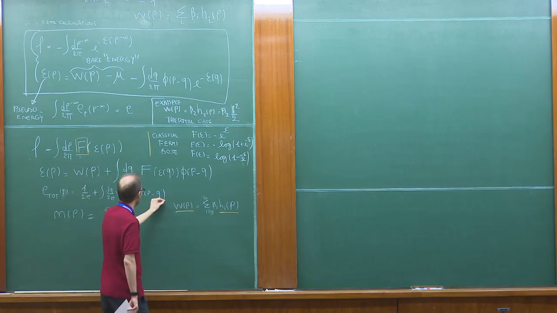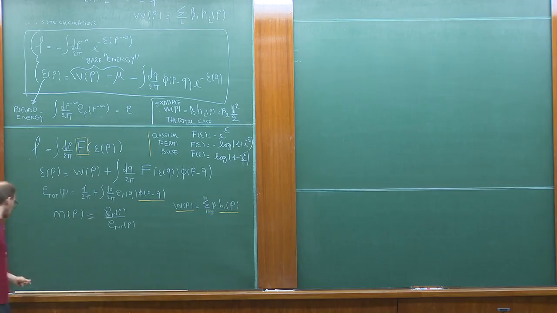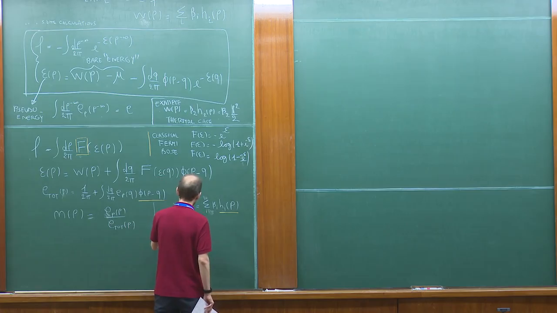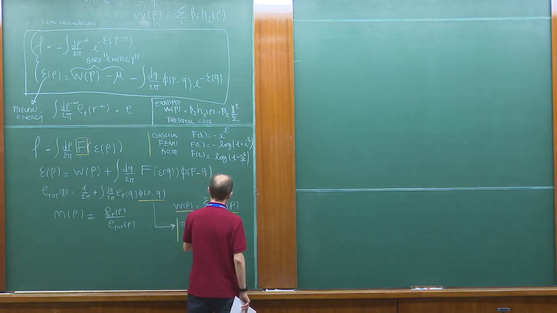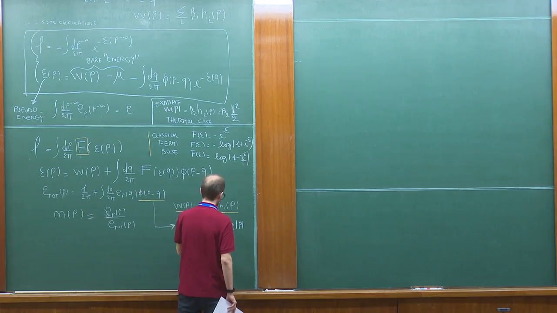Then there is the input phi, which is the two-body scattering shift, which depends on the model studied. Let's say, for instance, for Toda, phi is equal to twice log of modulo P. For hard rods, this is momentum independent and is equal to minus the length A of the rod.